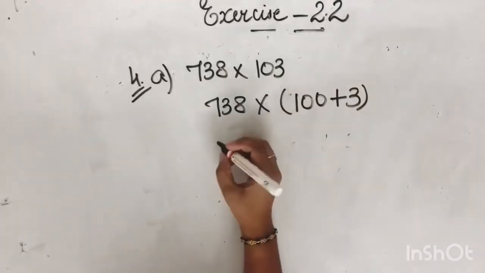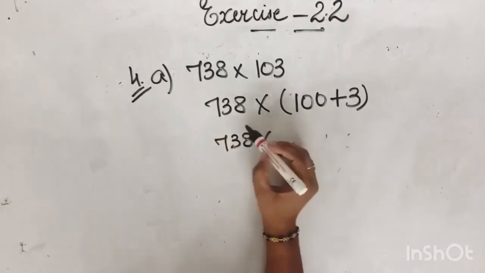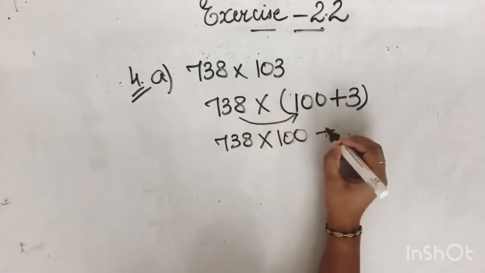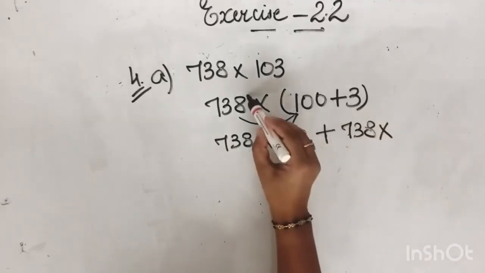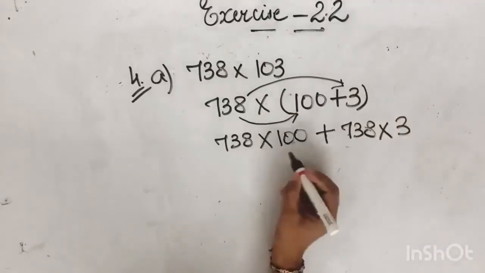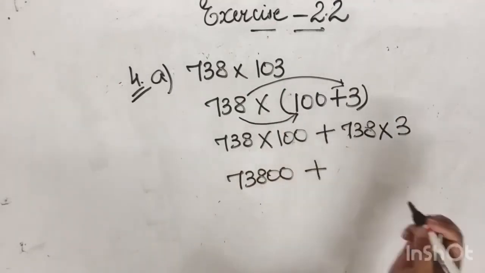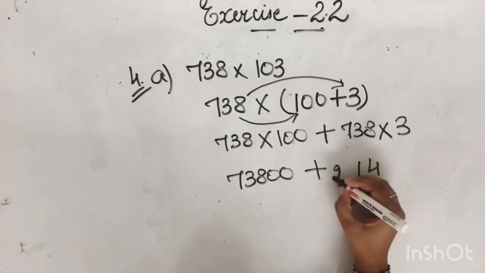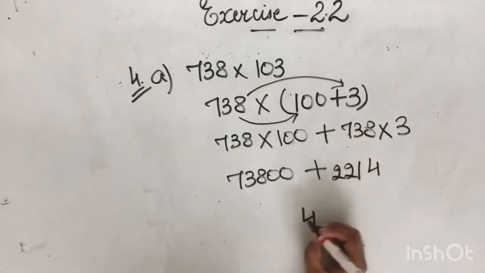Now open the brackets. 738 multiply by 100, plus 738 multiply by 3. Now multiply these numbers, plus, now add these two numbers, you will get the answer.